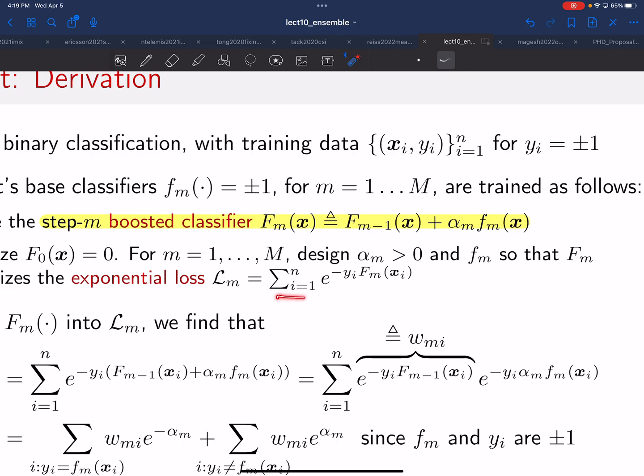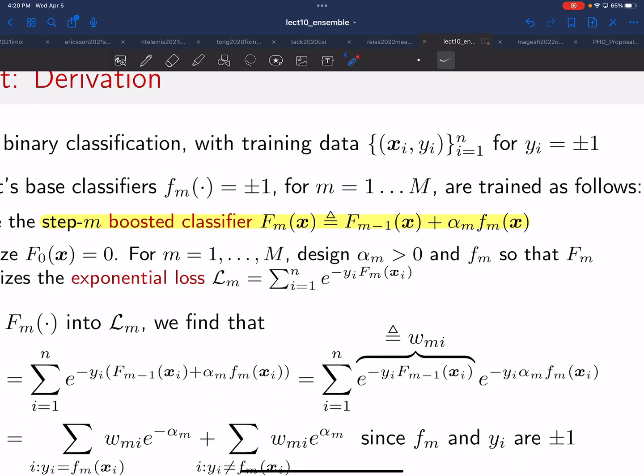As with all losses, it's just summing over our training samples. And let's consider what happens. This is classification with y equal to plus or minus 1. So let's consider what happens when we're correct. When we make a good prediction of the label yi, this should have the same sign as the label yi, whether yi is positive or negative. As a result, this product, yi times capital F, should always be positive whenever we don't make a mistake. And when this is positive, we're exponentiating something negative, which means that this value is below 1.